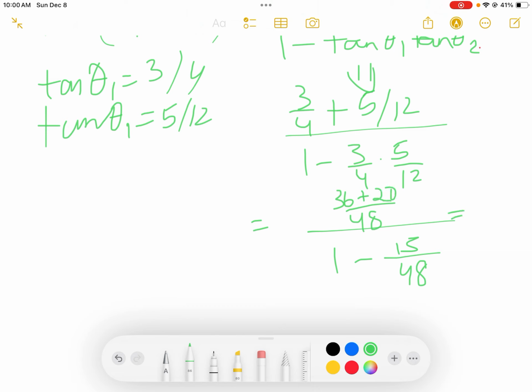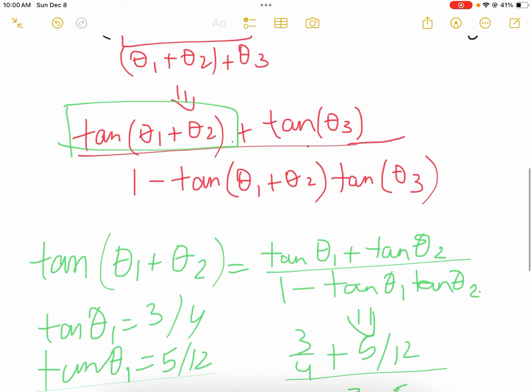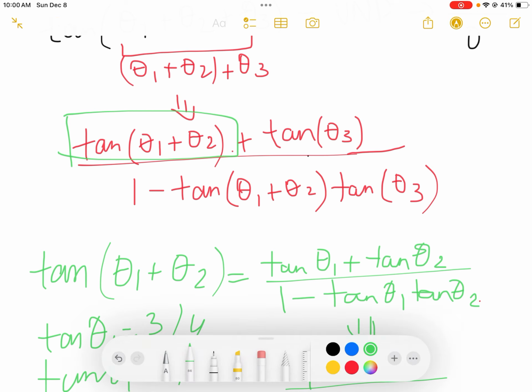Which, when you simplify it, equals 56 over 33, because it's 56 over 48 divided by 48 minus 15, which is 33 over 48. That's just 56 over 33. So we know tangent of theta 1 plus theta 2 is 56 over 33. I'm going to box that. And now we'll come back to our expression here.